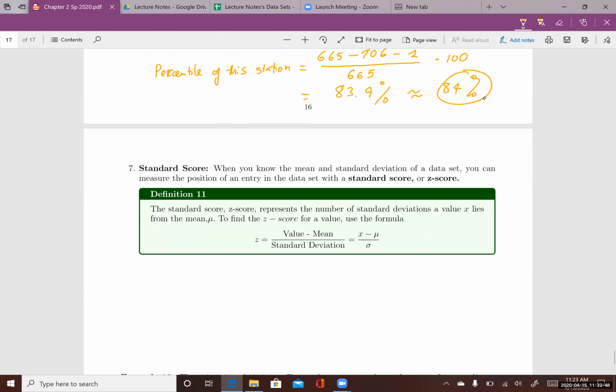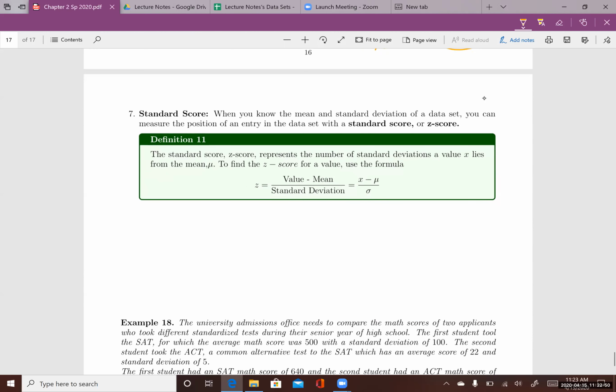All right. And then the last part of this section is about standard score. Again, we're going back to the idea of how we can interpret the standard deviation. Once you find the mean and the standard deviation of a data set, you can measure the position of any entry in the data set with a standard score, or the z-score.